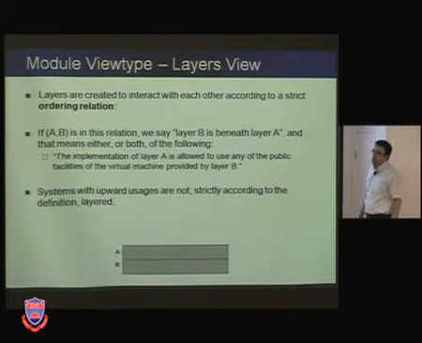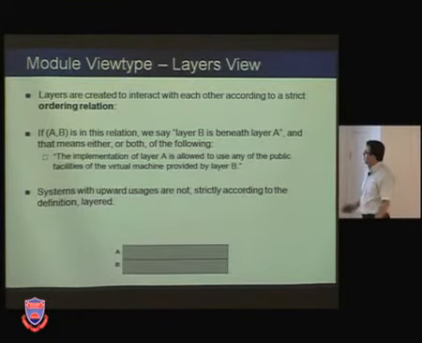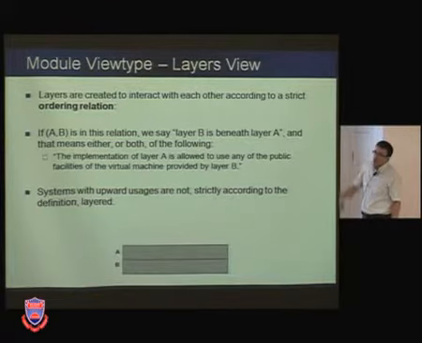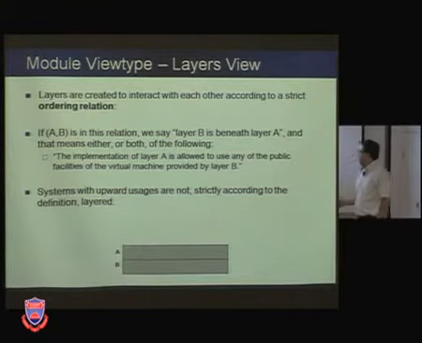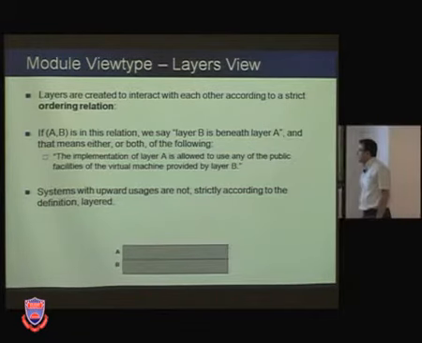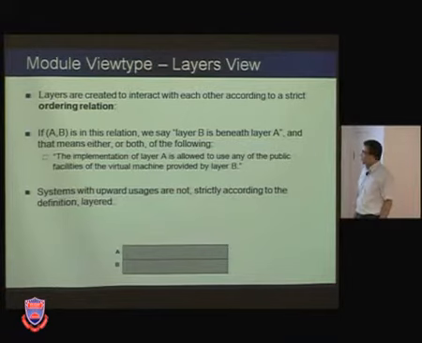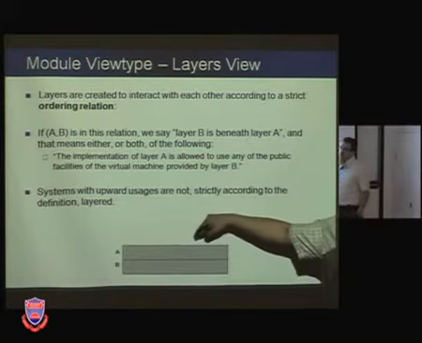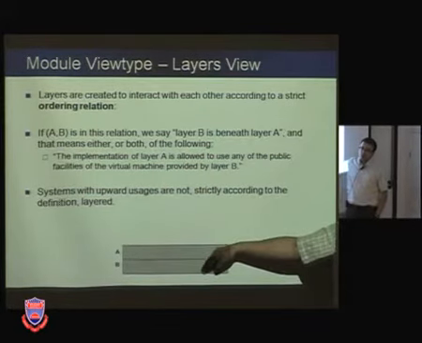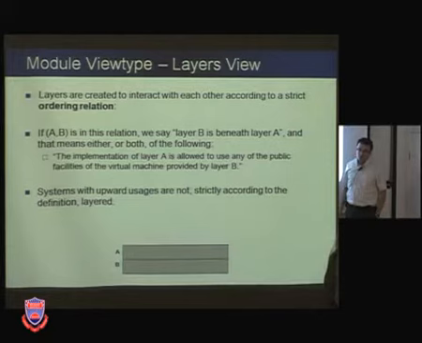Say layer B is beneath layer A if A uses the services of B. But the reverse is not allowed. Systems with upward usages are not, strictly according to the definition, layered. Okay? Which means that A is allowed to use B, but the reverse is not possible.